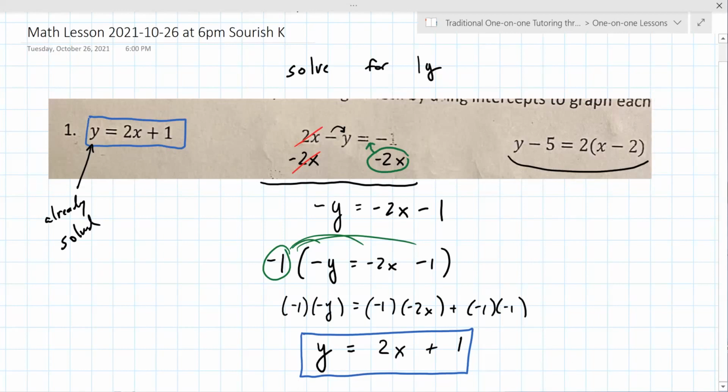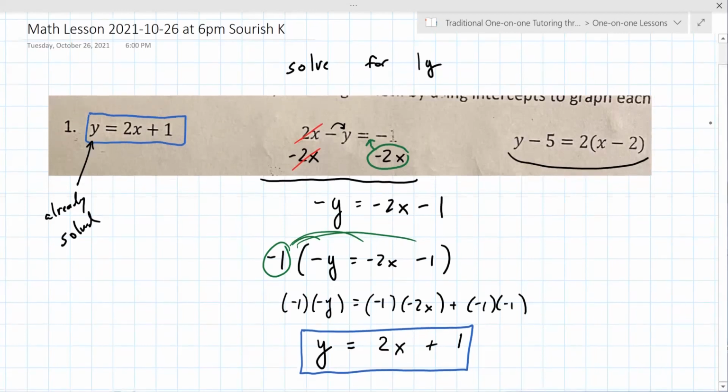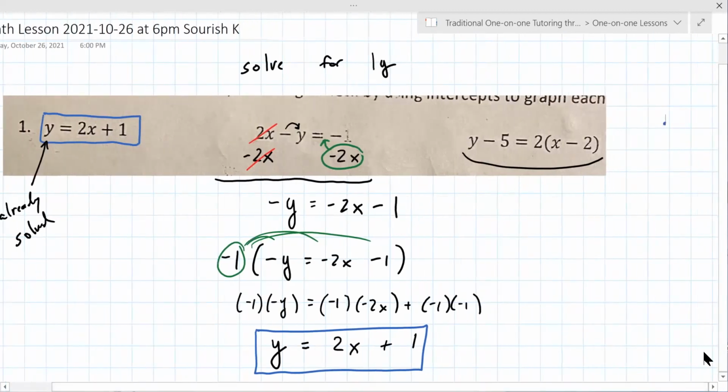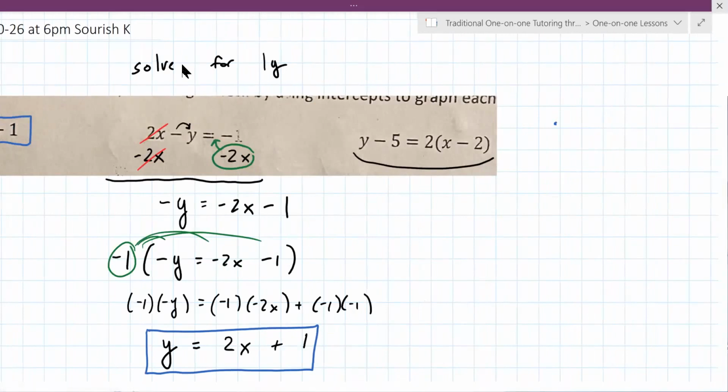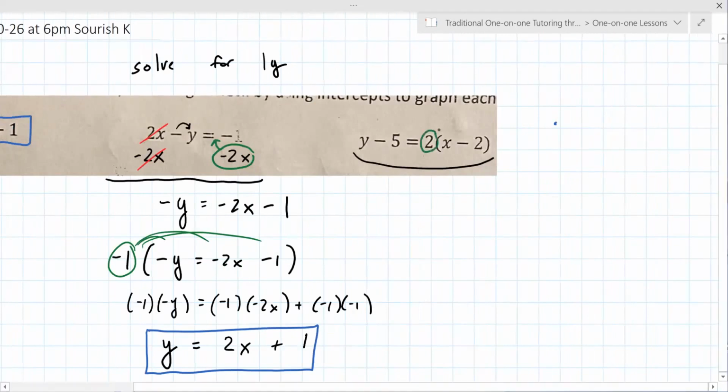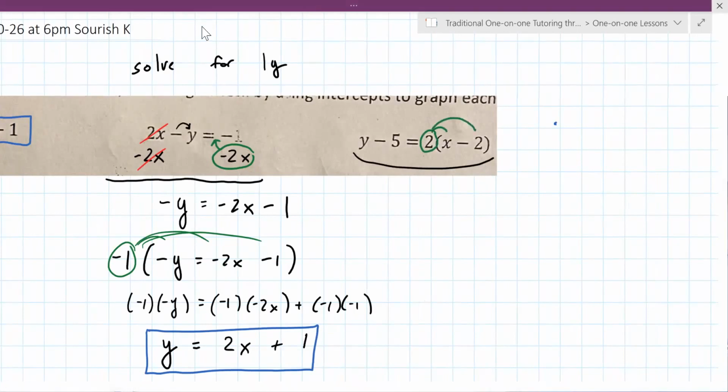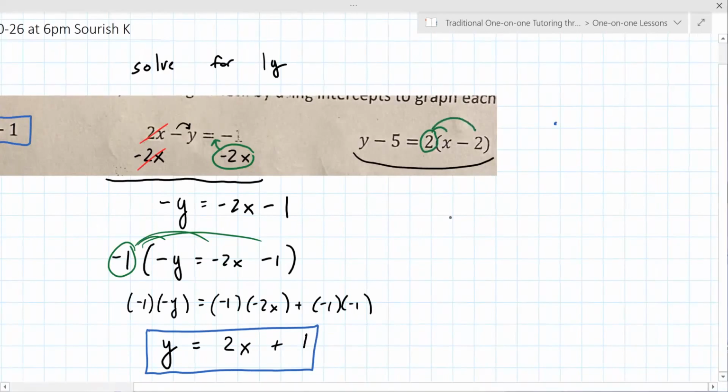So to do this last one, I'm going to come over here to the right. We just need a little more room here. Okay. So this one's a little bit different. You're going to take this 2 and multiply both of these. So I'm going to write y minus 5 equals 2 times x.